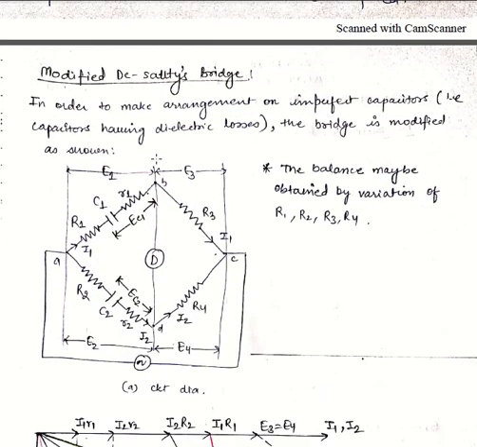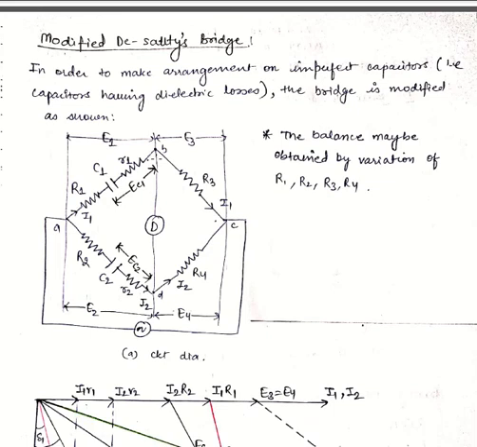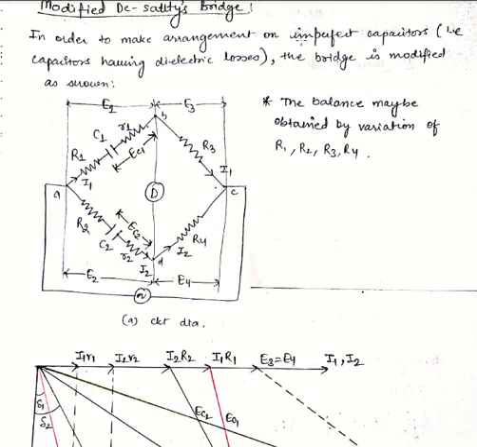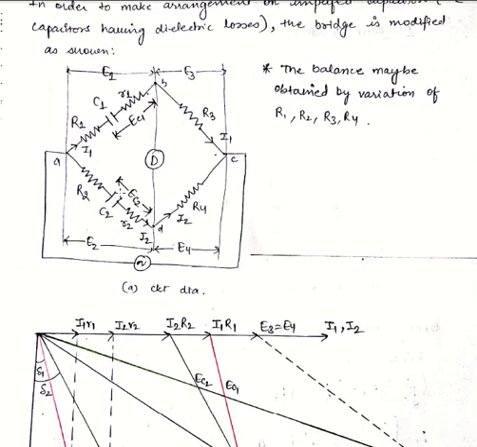Coming to the modified de Sauty bridge diagram, in order to make arrangement for imperfect capacitors having some dielectric losses, the bridge is modified as shown in this circuit diagram. Here C1 is our unknown capacitor, C2 is a standard capacitor.